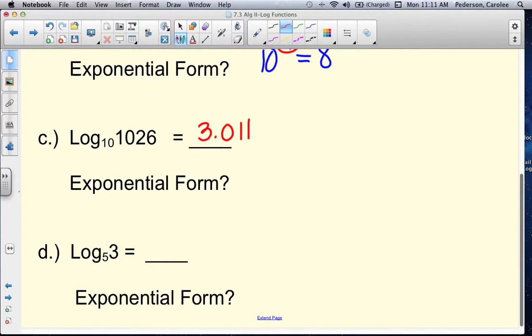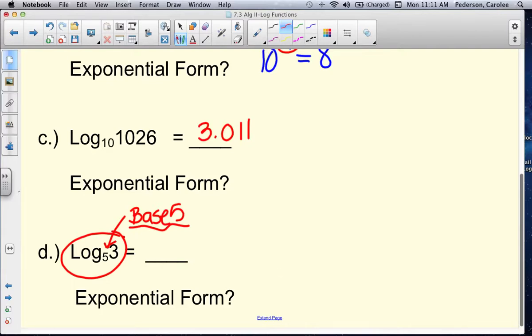Now let's do another one. Log base 5 of 3. Notice the difference in this problem. This is not able to be done with your calculator. The reason why is it's base 5. And what I said earlier is you're not able to do calculator logarithms unless it's base 10.